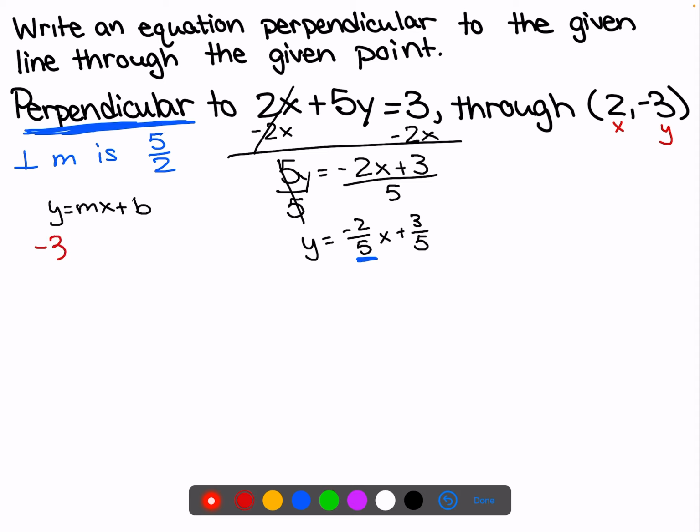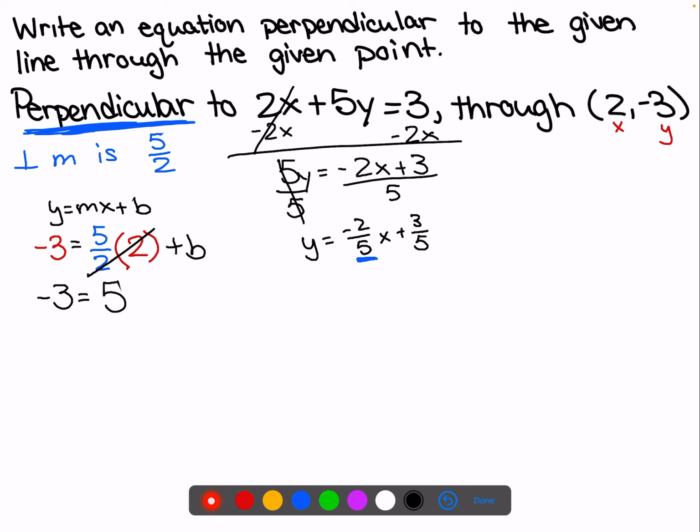So I have -3 is equal to my slope 5/2 times my x value in my point, which is 2, plus b. Well, at this point, I'm left with -3 equals 5/2 times 2, the 2's will cancel.